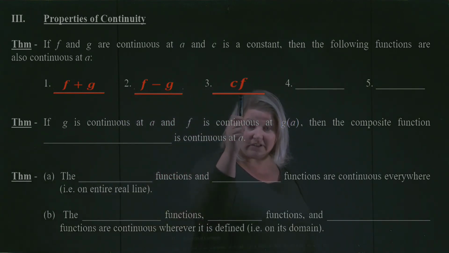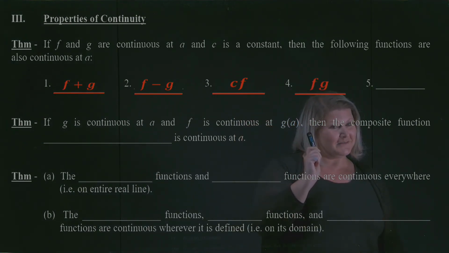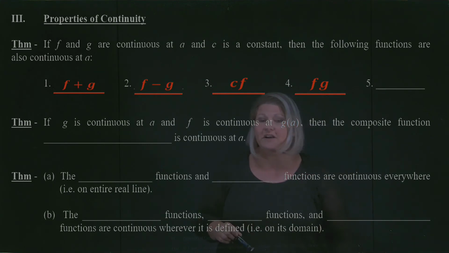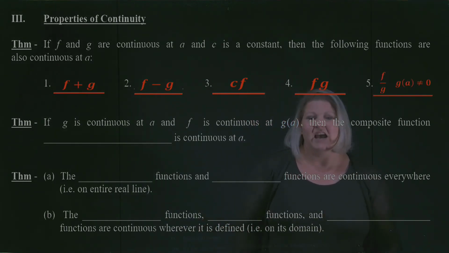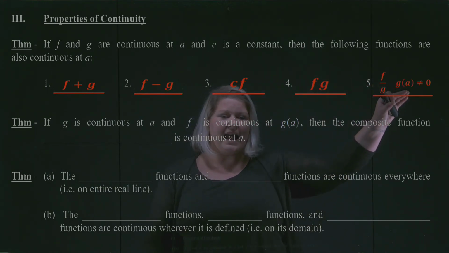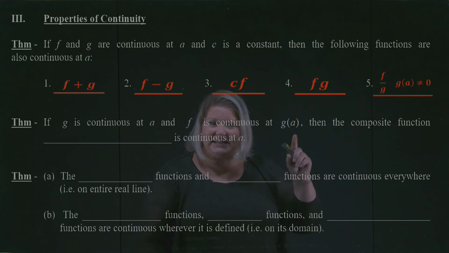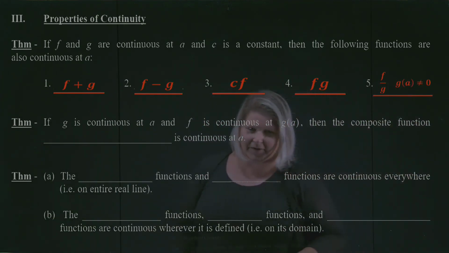I can multiply a function by a constant and that will be continuous. I can multiply those two functions together and that will be continuous. I can also take their ratio as long as the denominator does not equal 0. And that's a little hard to see, but that's g(a) not equal to 0.